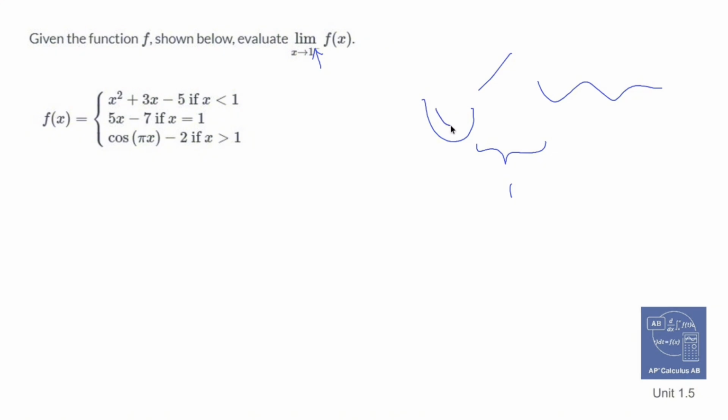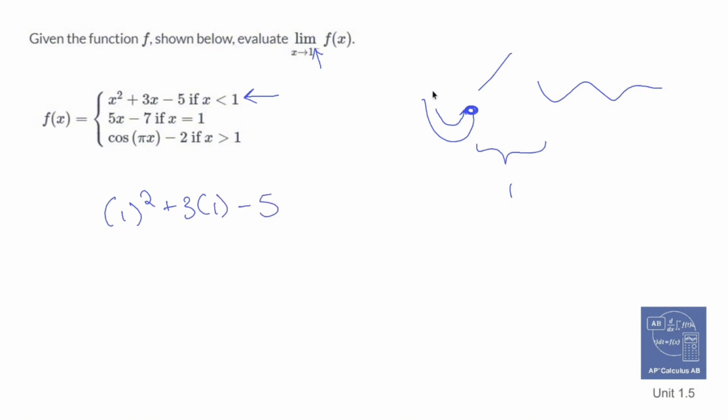Now, what we care about is what's going on from the left, which means we care about what happens at that moment right there. So we are going to focus on that equation. We're going to plug in 1, right? So we're going to do 1 squared plus 3 times 1 minus 5.